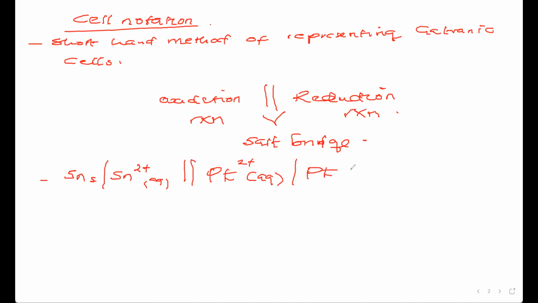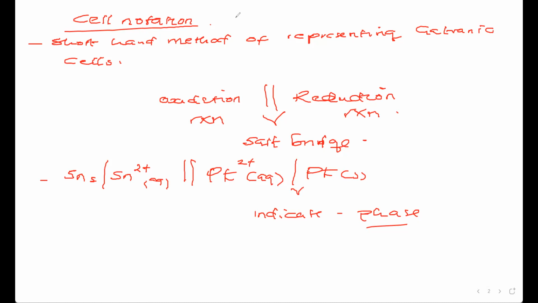So this single vertical line indicates just the phase. It is just marking the phase boundary between the solid part and the aqueous part. And then the double vertical lines represent the salt bridge.